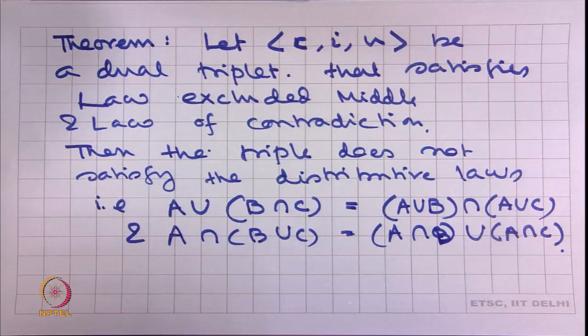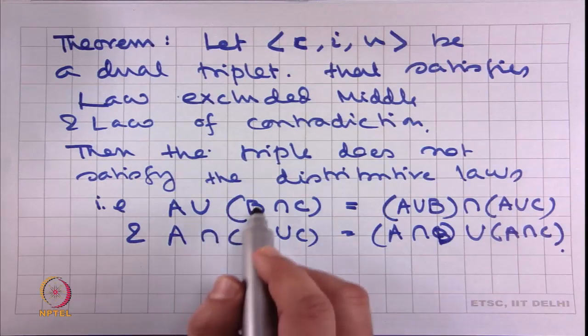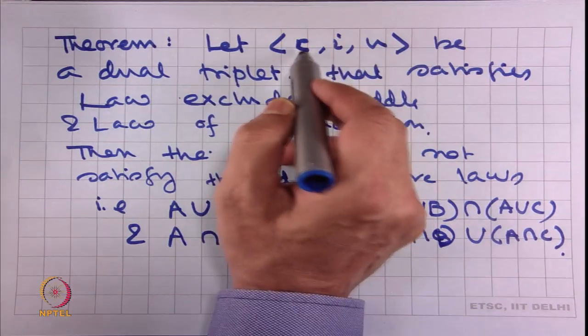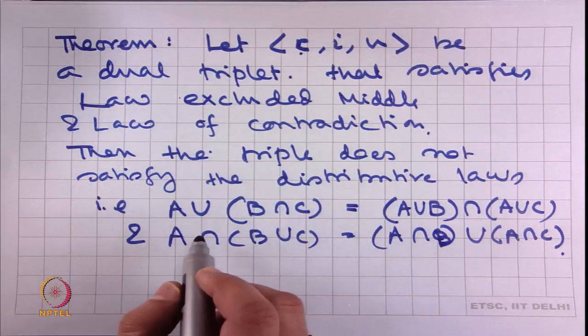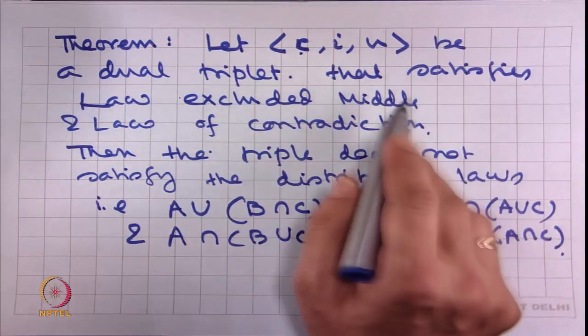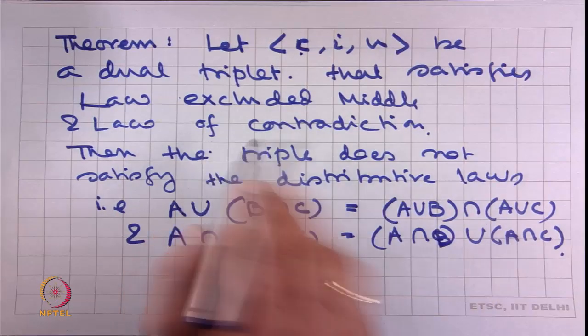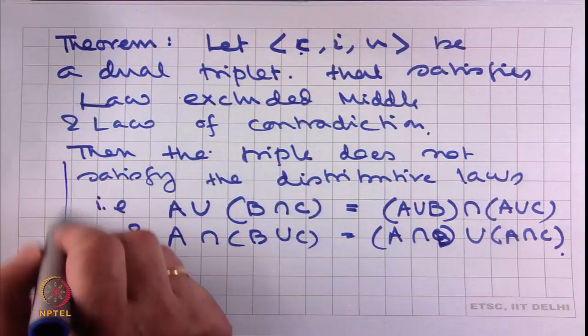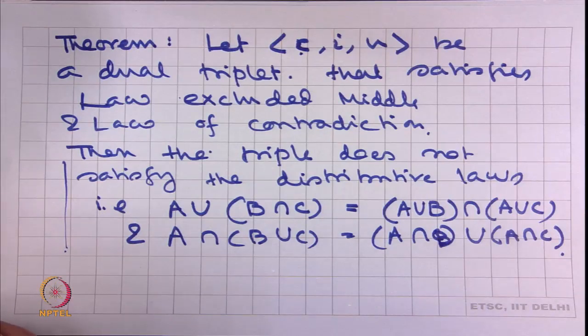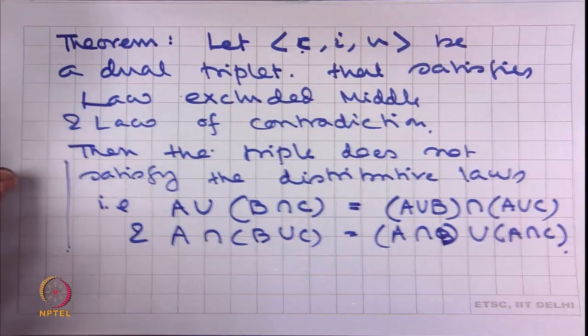So, the theorem suggests that if I and U are T-norms and T-conorms such that, along with C, which is a complement function, they satisfy the law of excluded middle and the law of contradiction, then this distributive property does not hold.